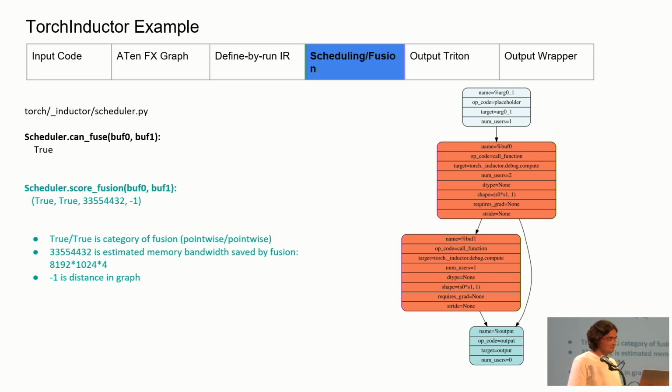We also have the score-fusion function, which estimates the amount of memory bandwidth, meaning global memory reads, that would be saved by fusing two kernels. In this case, it's 3 million bytes or something along those lines that we save by fusing the two buffers together. So we greedily generate fusions that are possible, then rank them by the amount of memory bandwidth we think they'll save, and then we fuse those together.